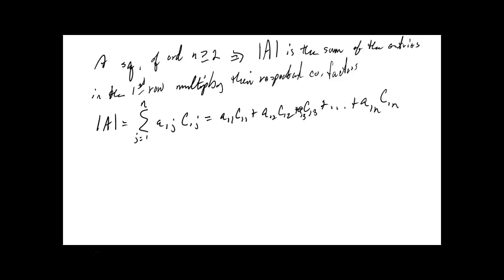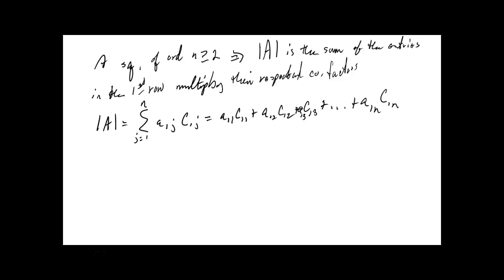Now, remember, every one of those C's may have 1, 2, 3, or more determinants in them. So you're doing determinants with determinants with determinants. Now, of course, go back to a 2 by 2.